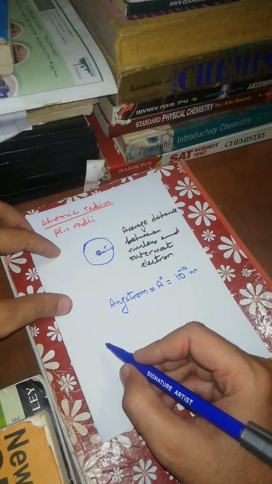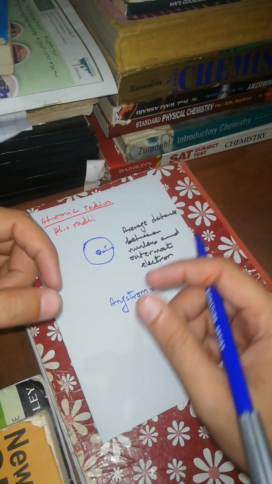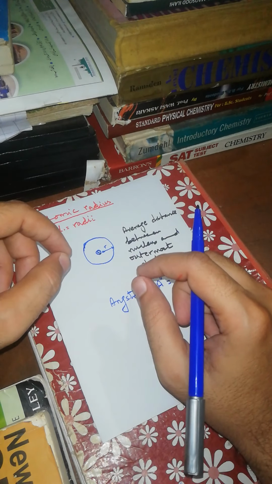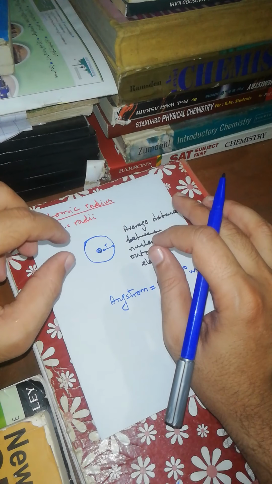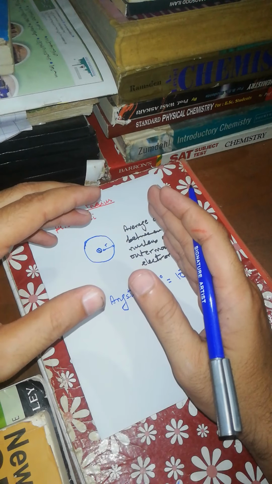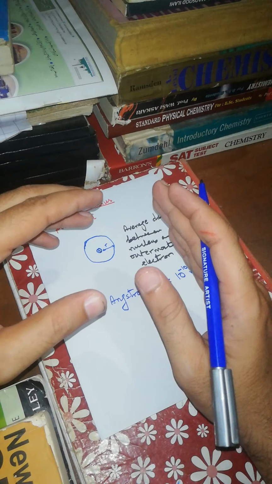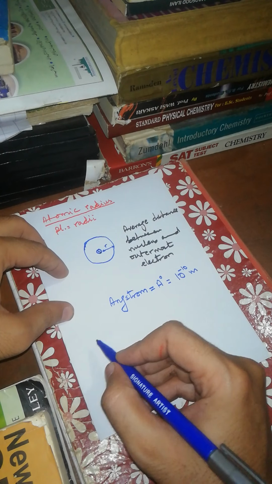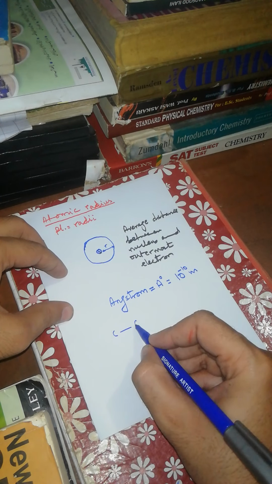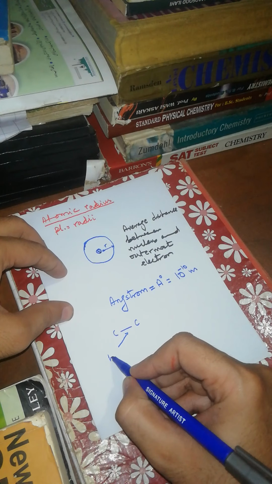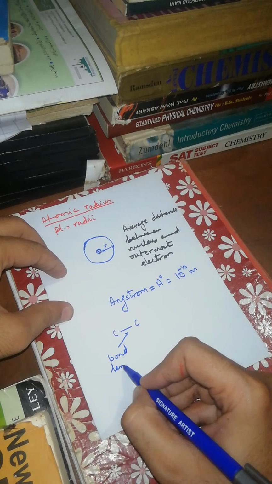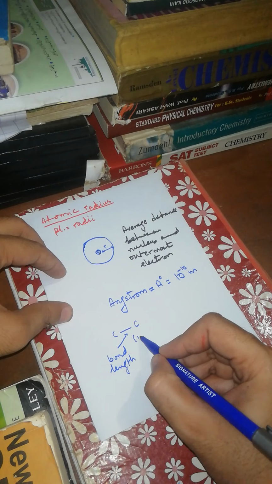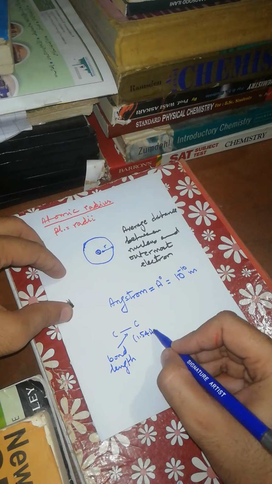Atomic radius is actually determined from the bond lengths of different homonuclear atoms. For example, hydrogen bonded to hydrogen, so we'll have a certain bond length, and half of that bond length will be treated as the atomic radius of one atom of hydrogen. Similarly, carbon bonded to carbon, this is called the bond length. This is the bond length of two carbon atoms, and this bond length is 1.54 angstrom.